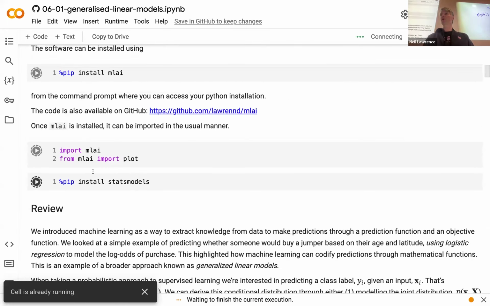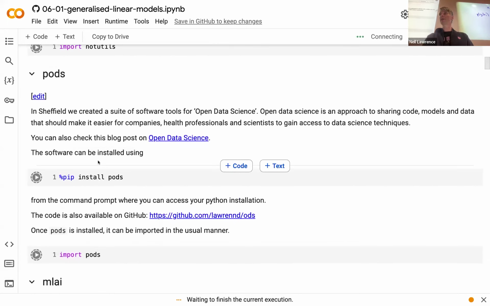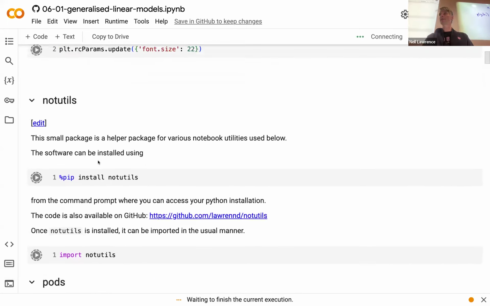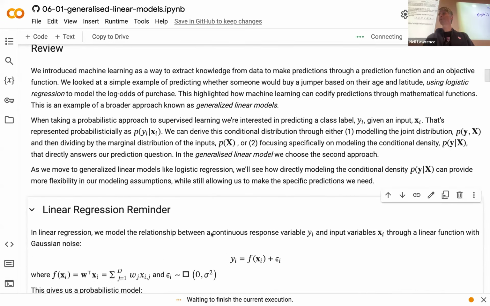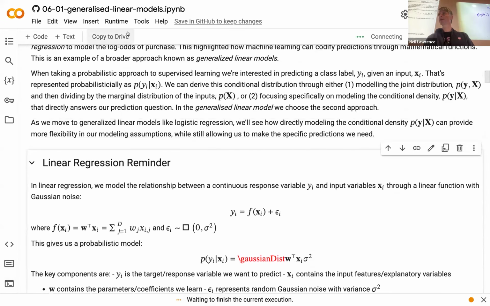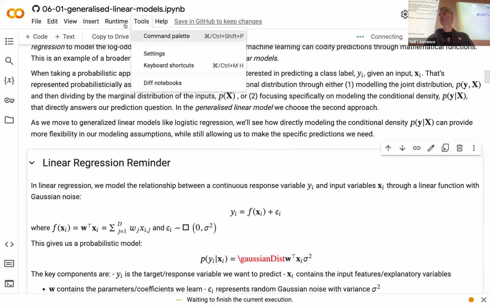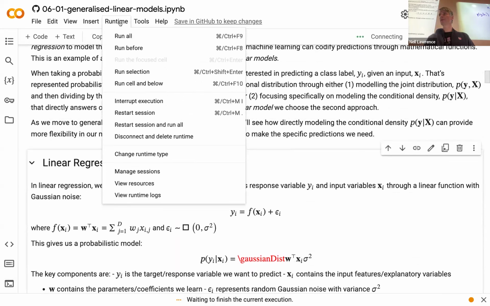So just installing those things, that'll take a little while. Where's it got up to? It is working away, is it? Oh, waiting to finish the current execution. Okay. Not sure why that's going slow. Let's interrupt, and yeah, so I didn't restart the session.